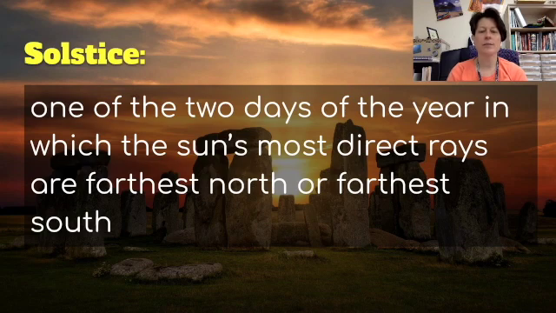At the solstices, the sun shines through the structure of Stonehenge a certain way. This was one way that ancient people kept track of the motions of the sun and the seasons.